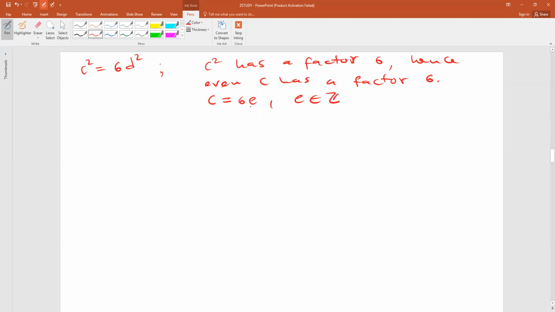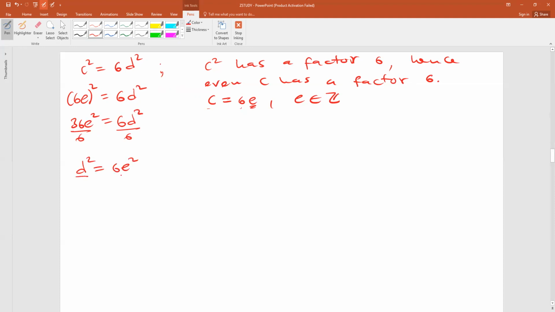You have to say, when you introduce a new letter, that it's an integer. We replace c with 6e, then you square it, so that 36e squared is equal to 6d squared. Then you divide by 6, so that d squared is equal to 6e squared.